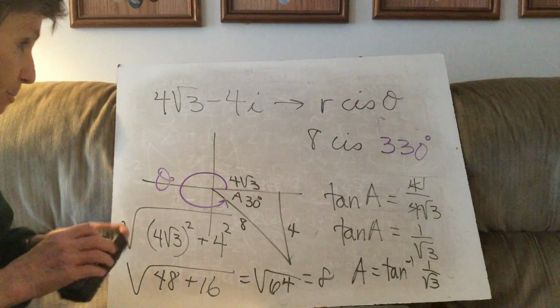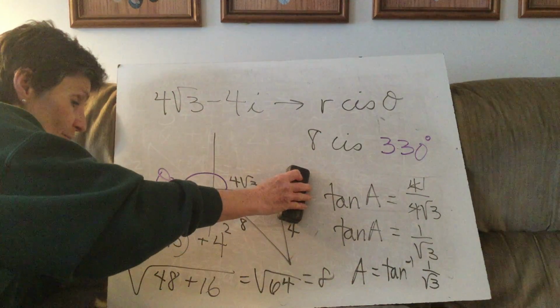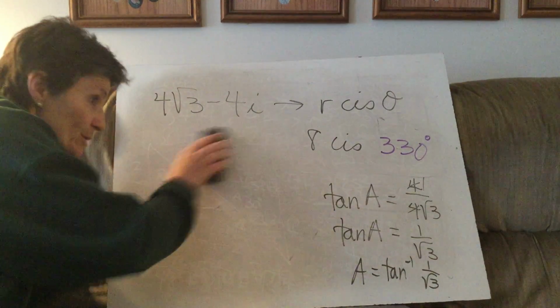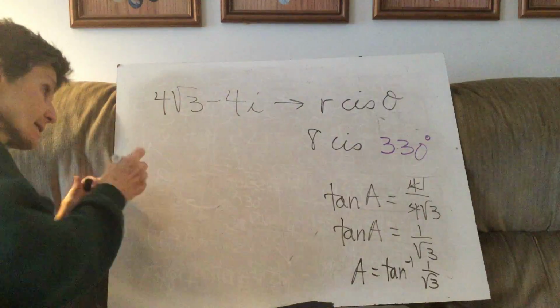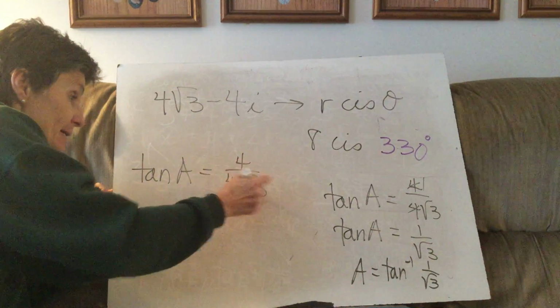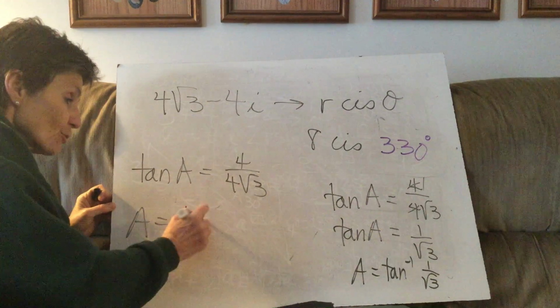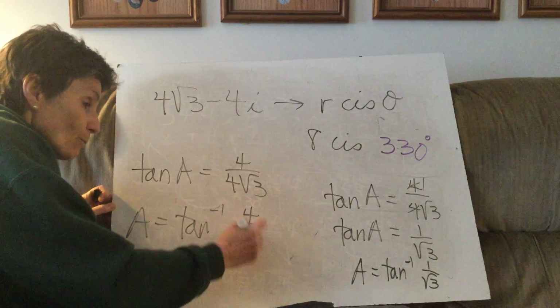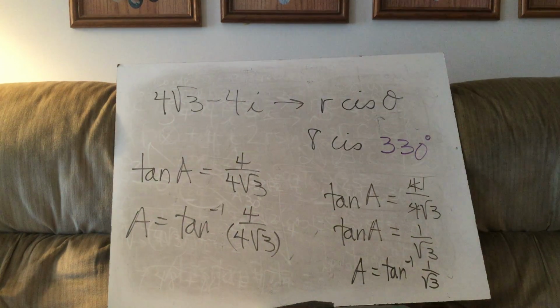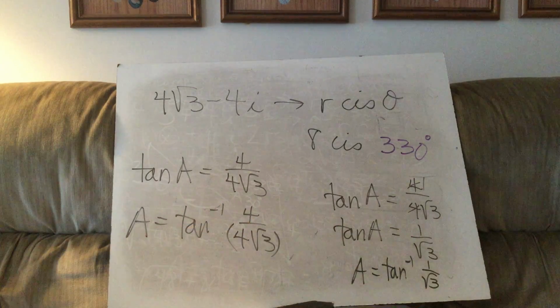Now, I do want to make a note here before we go any farther. It really doesn't matter if you reduce this fraction or not, but I want to caution you, if you're not going to reduce it and you're going to second tangent 4 over 4 root 3, that 4 root 3 has to be in parentheses just like it was when we found R. So if you're going to type it in without reducing, you must put that 4 root 3 in parentheses.